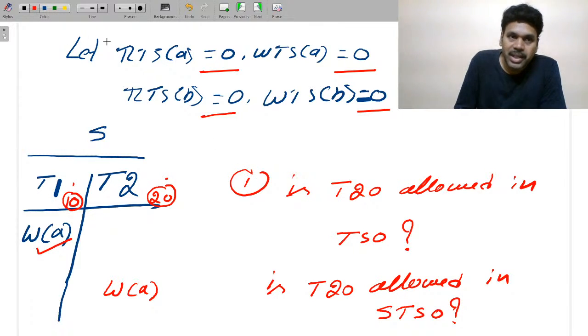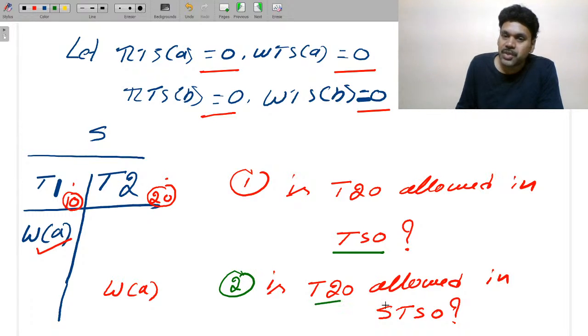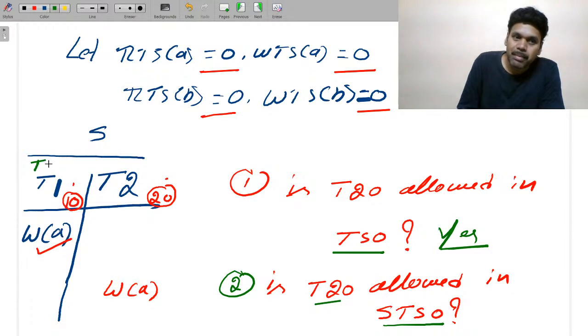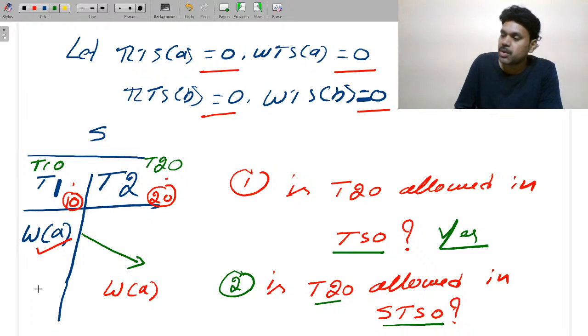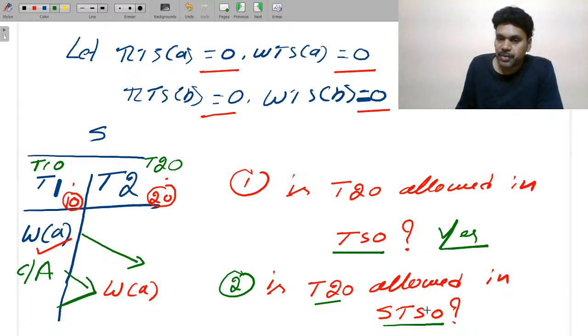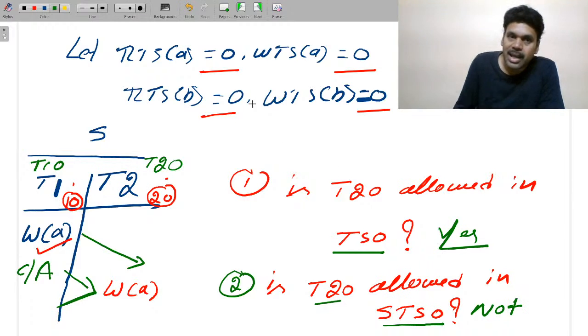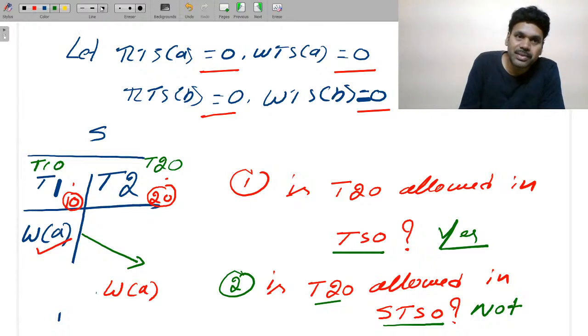First question, is T20 allowed in timestamp ordering? Second question, is T20 allowed in strict timestamp ordering? So first we confirm it is yes, because your number is 10 and my number is 20. So in TSO, forwarding conflicts are okay. But in STSO, what is it telling you? You require a commit or abort before it is shared with others. Therefore, this is not possible as there is no commit or abort statement in this.